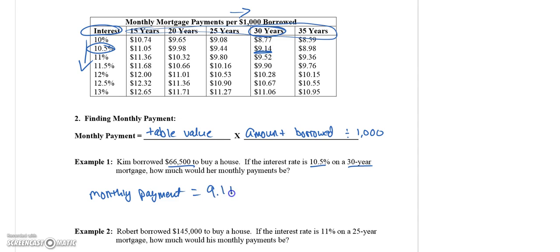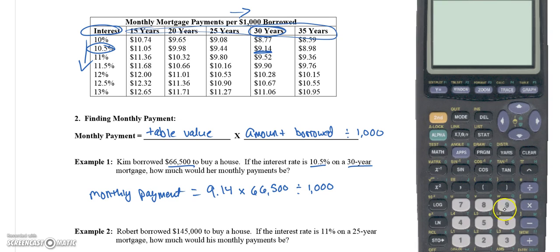So I do 9.14, that's my table value, times the amount that Kim is borrowing, which is 66,500, and then I want to divide by 1,000. We can do that all in one step. 9.14 times 66,500 divided by 1,000. Our monthly payment is going to be $607.81.